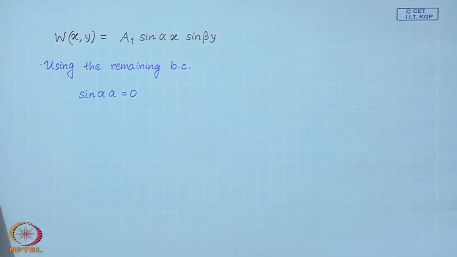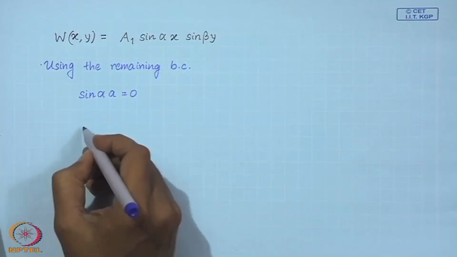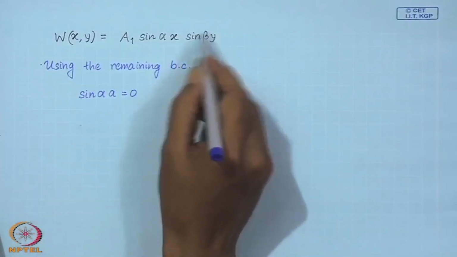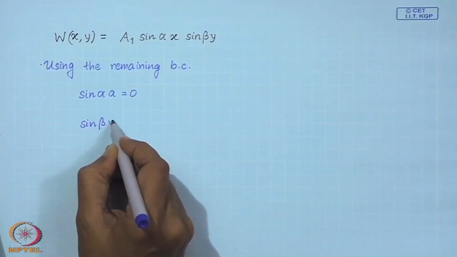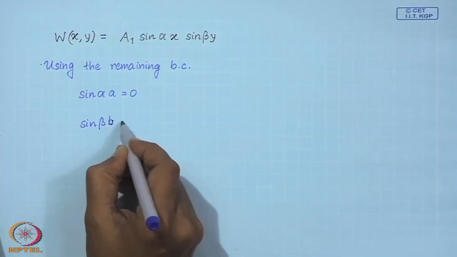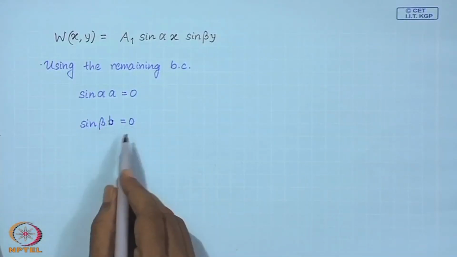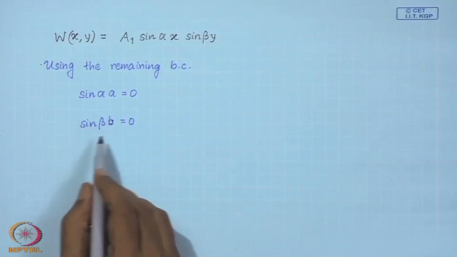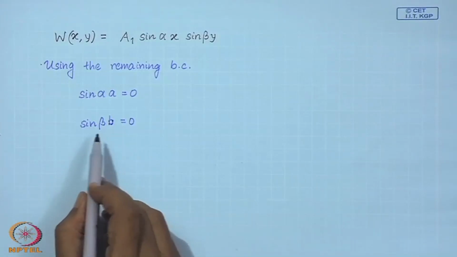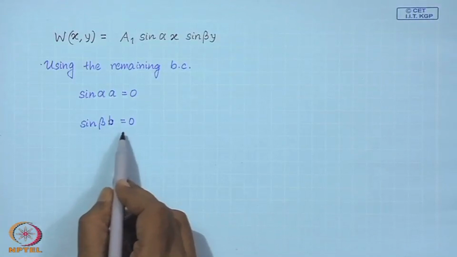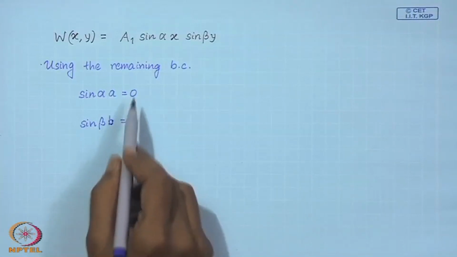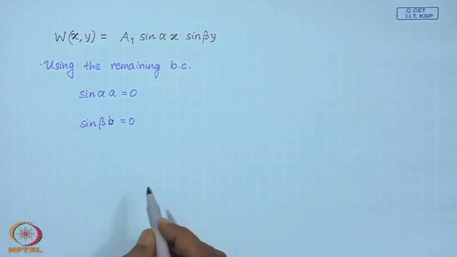So, then you have this condition, and you have another condition similarly, sine of beta b must be equal to 0. So, this is for w at y equal to b and w double dot at y equal to b vanishing. That will give us this condition.